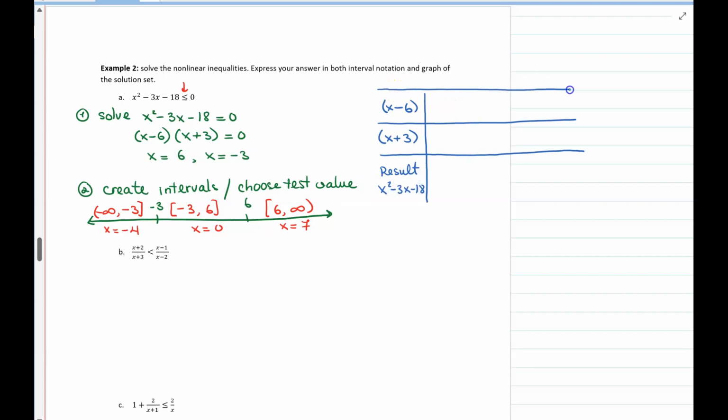In our first interval, we are looking at negative infinity to negative 3 included, then negative 3 to 6, and the last interval is from 6 to infinity. We will use each of the test points to test each of these intervals.